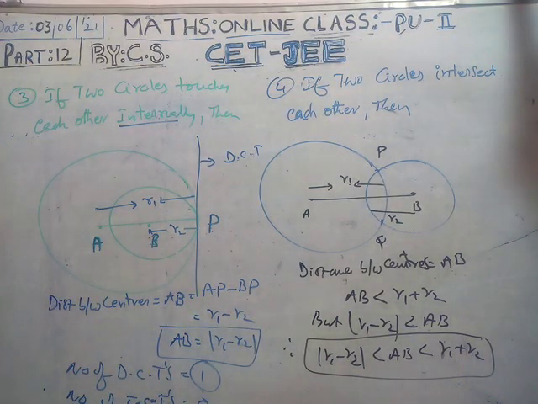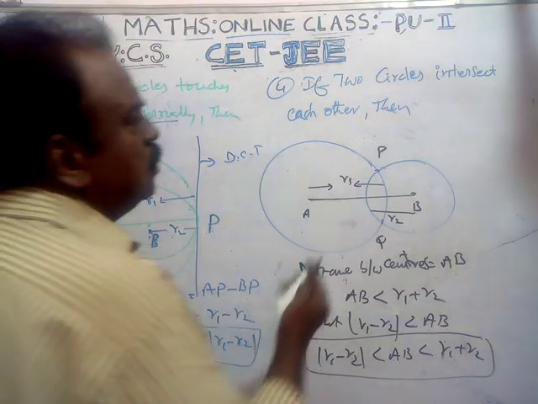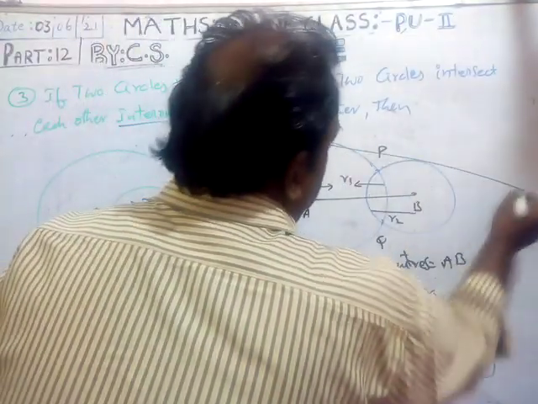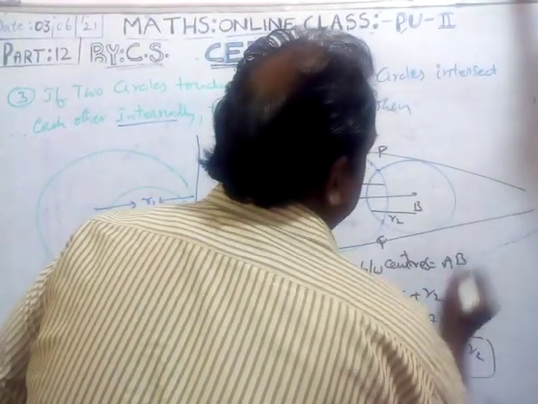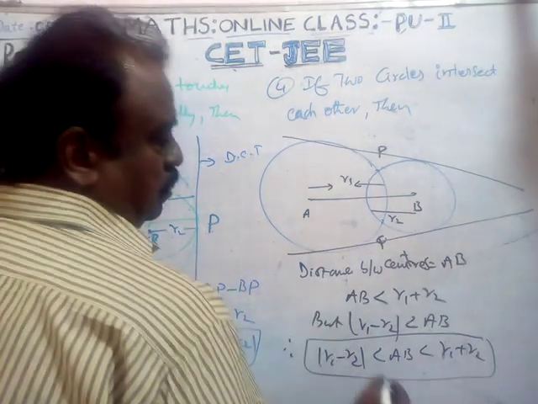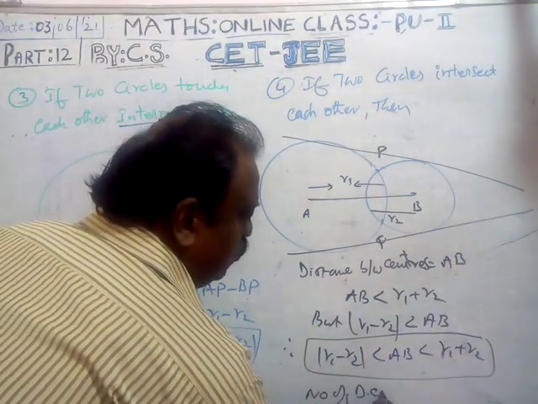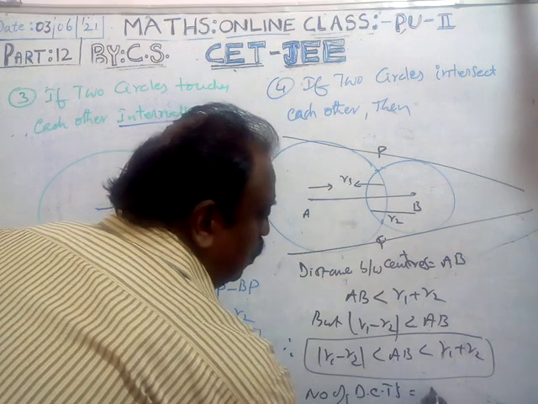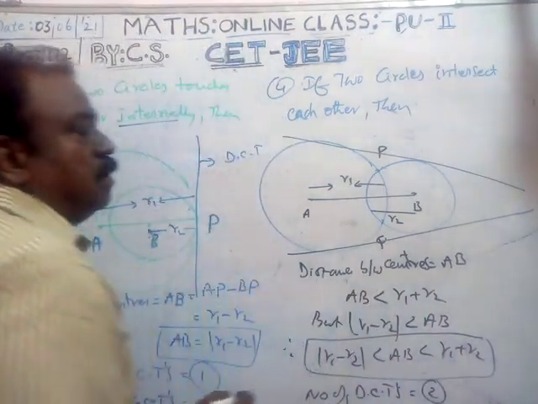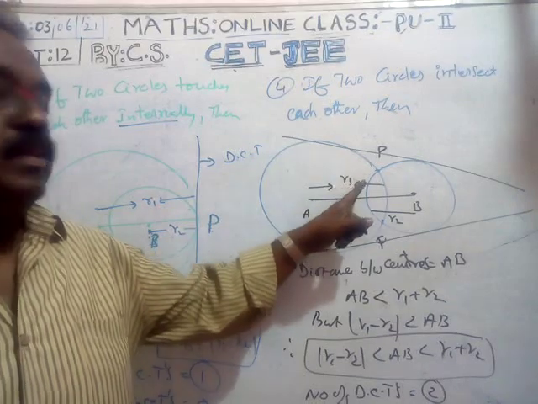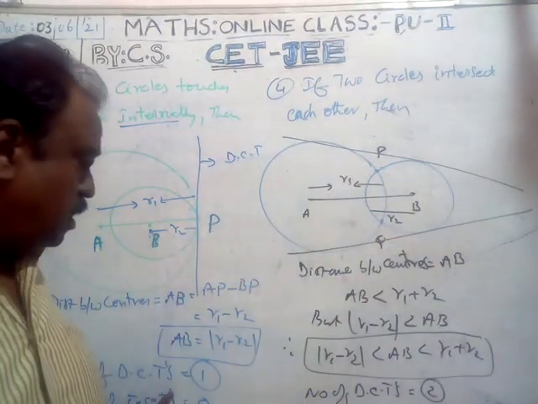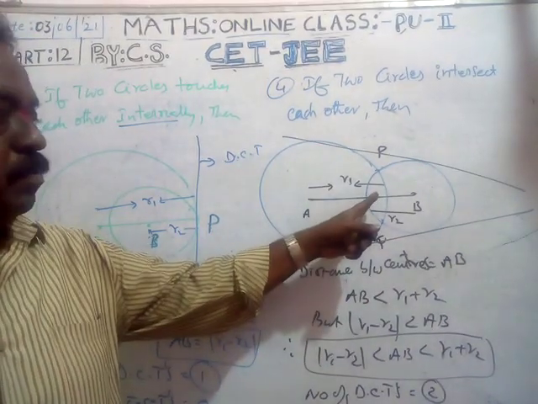Here also there are tangents. Direct common tangents are there. The number of DCTs is equal to 2 only. Here the TCT will not be formed.